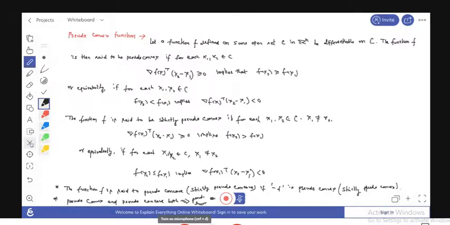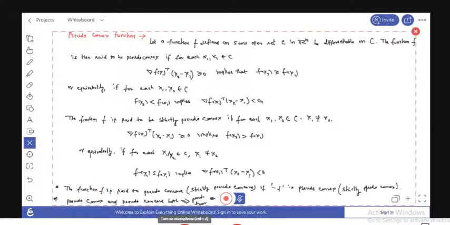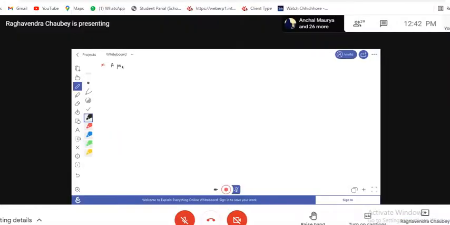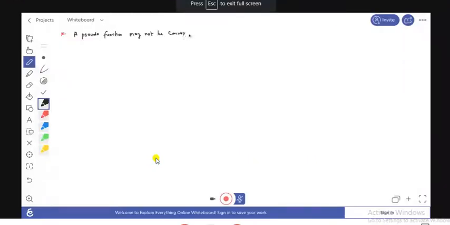So next page, a pseudo convex function that is not convex.